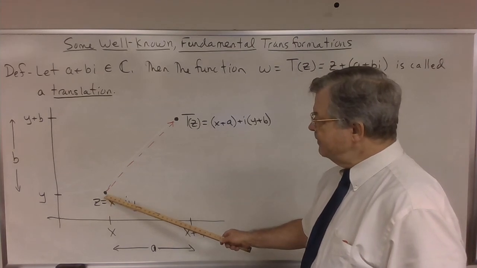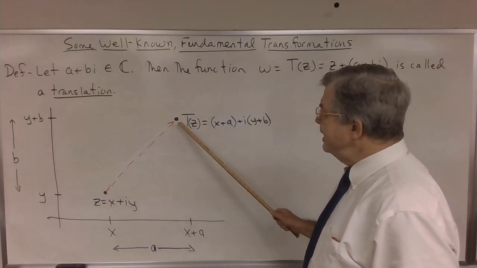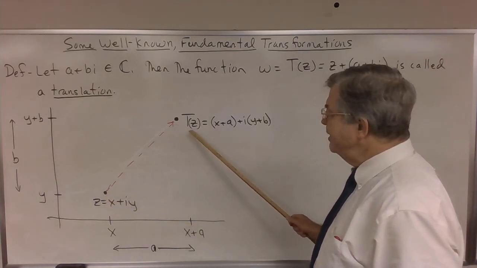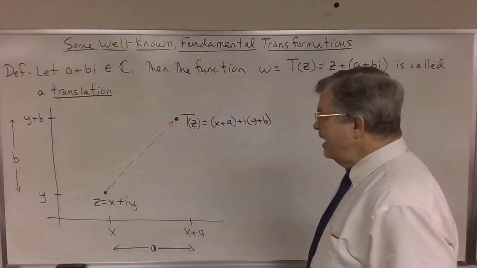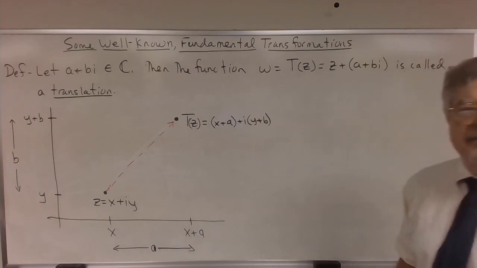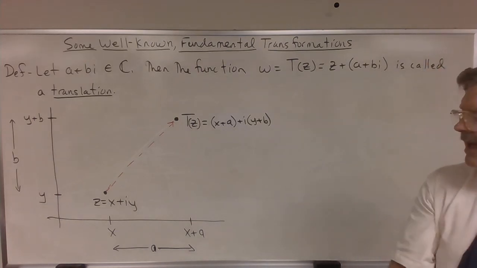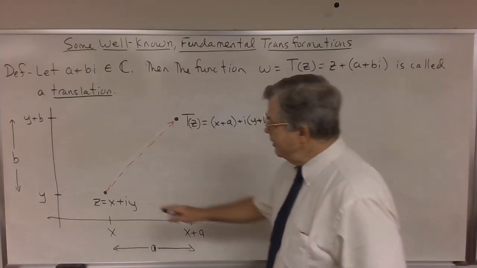Here's z, and here's the image of z, T evaluated at z. And notice the effect that the translation has on the original point.